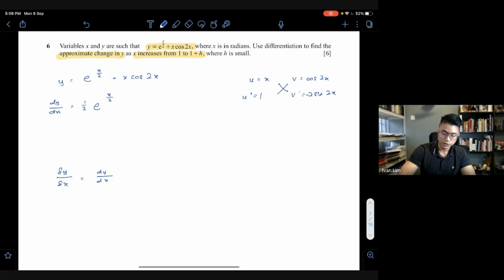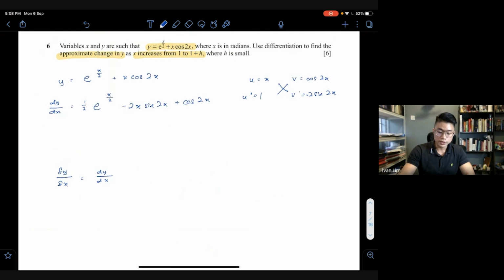So here will be minus 2x sine 2x plus cos 2x. Each term you write here correct, in fact until here already, that's 4 marks. So gotta differentiate it carefully over here.